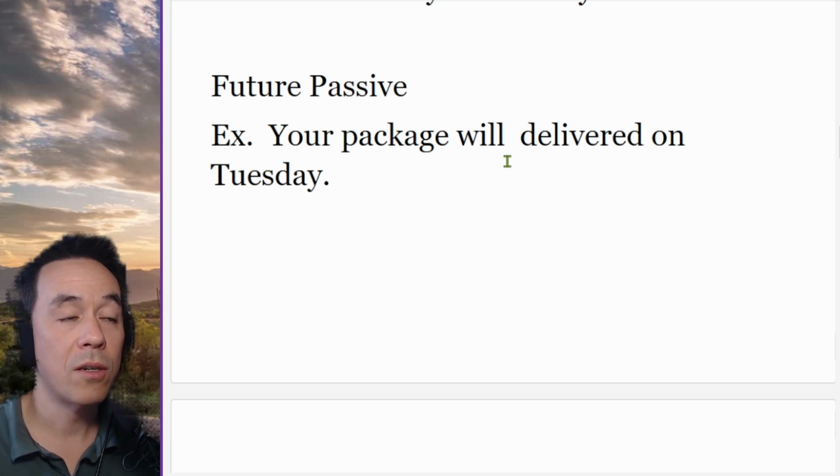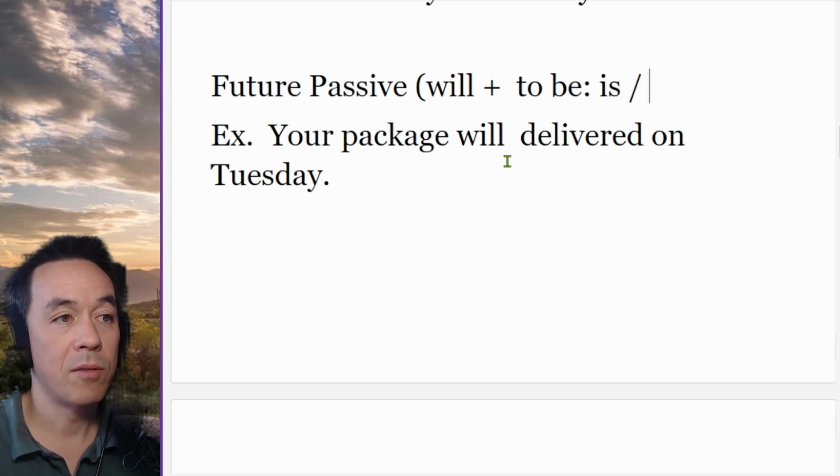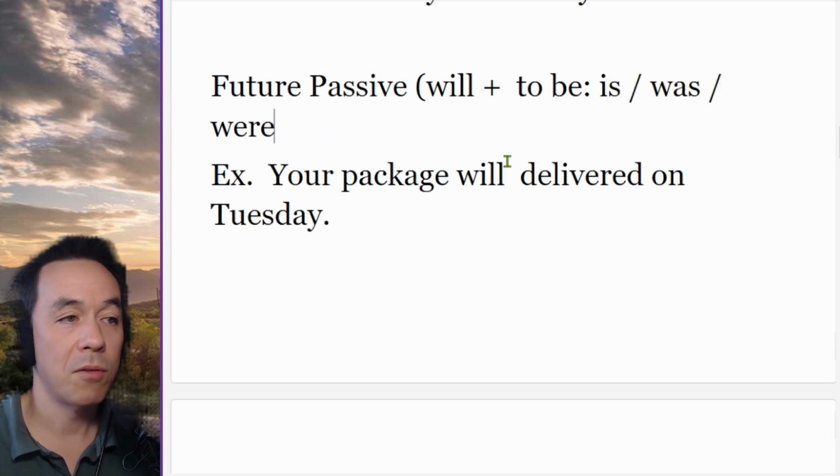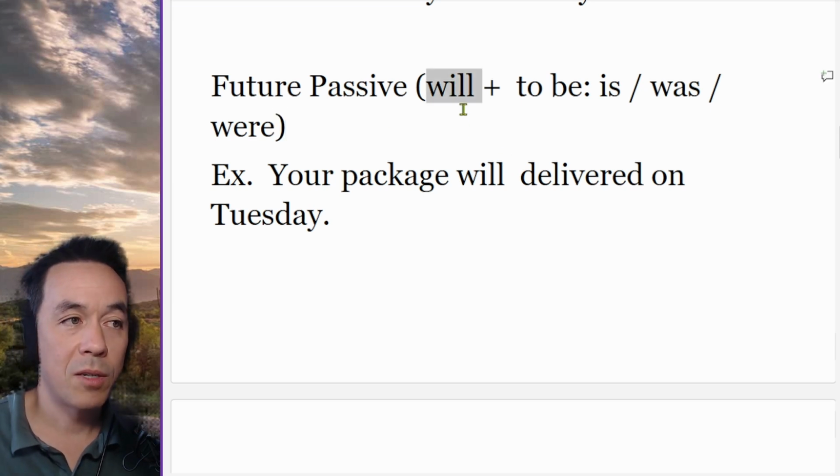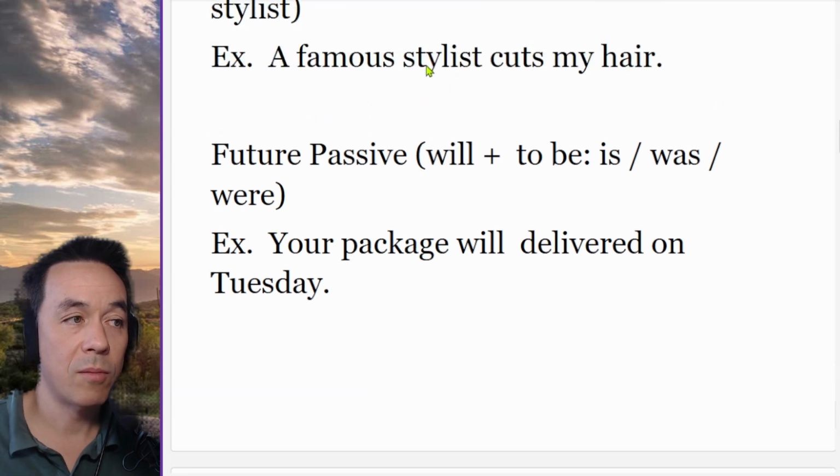So this is future, and now you have to combine them. It will. So here we've got future is going to be will plus one of these to be verbs. To be meaning is or was or were, all those different types. But remember that will is one of these auxiliary verbs.